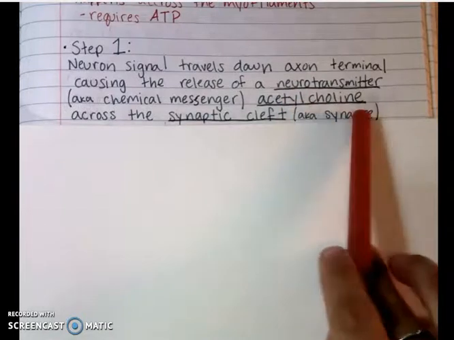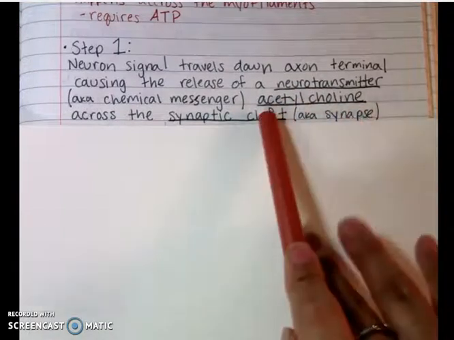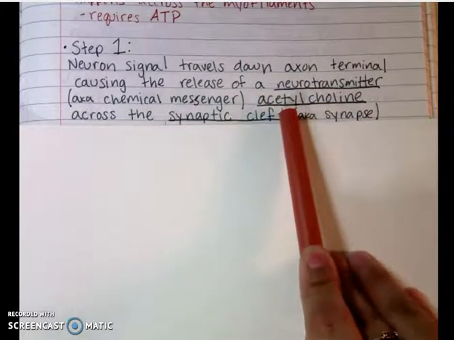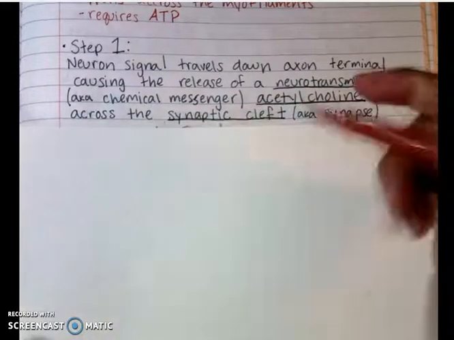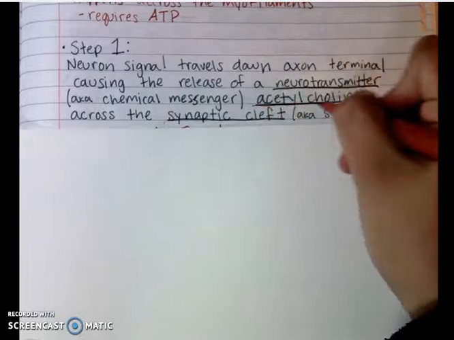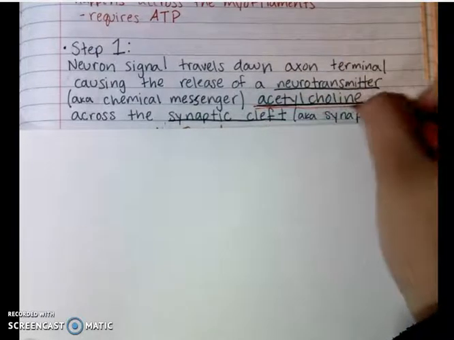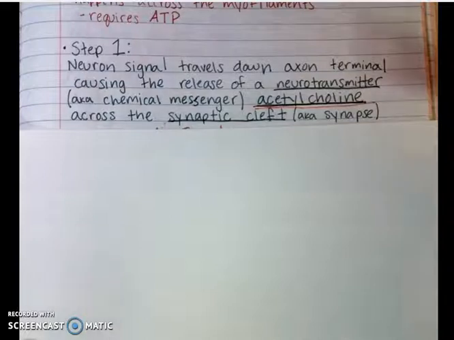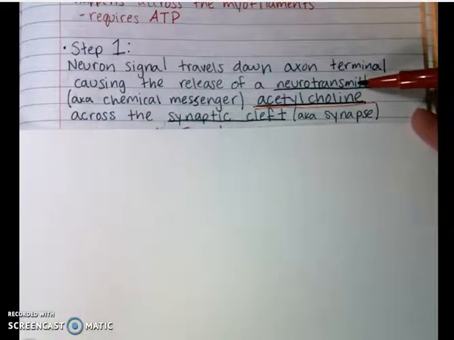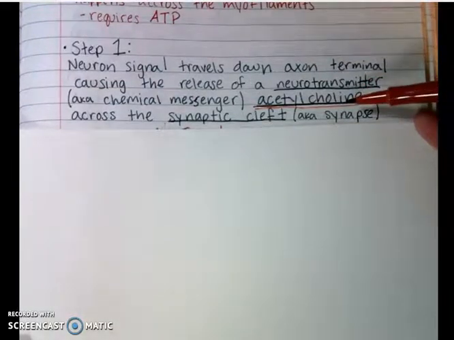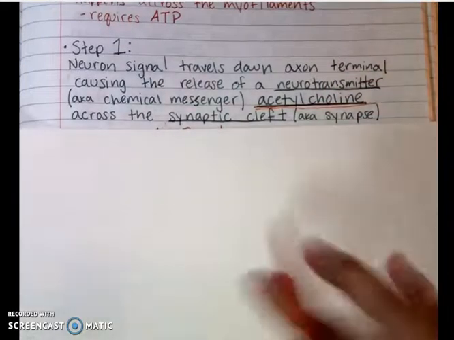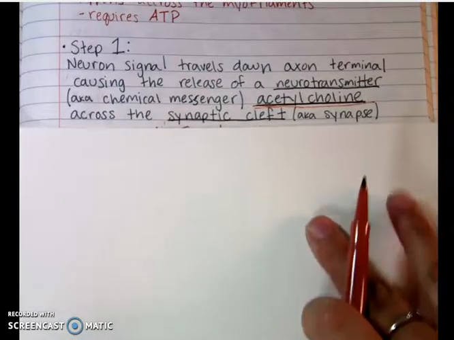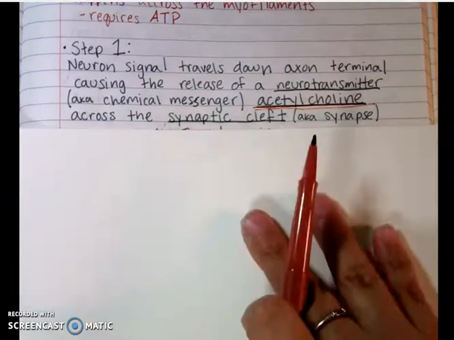The specific one for skeletal muscle contraction is known as acetylcholine. This is very, very important. You are going to see this neurotransmitter later on as well. This chemical messenger is going to travel from the neuron to the muscle fiber, and it's going to have to cross a space known as a synaptic cleft.